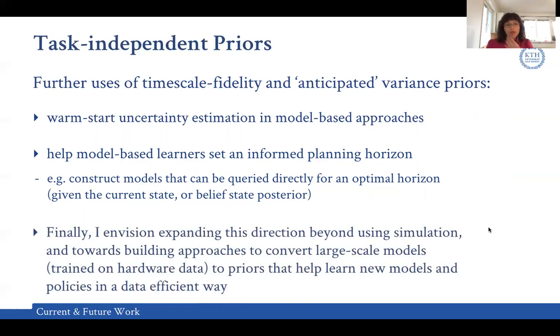And finally, I can envision that this direction could be extended beyond simulation, towards building approaches that convert large-scale models that have been trained on hardware data to priors that would help us learn new models and policies in a data-efficient way. So this would be the former hardware to the new or updated hardware scenario.